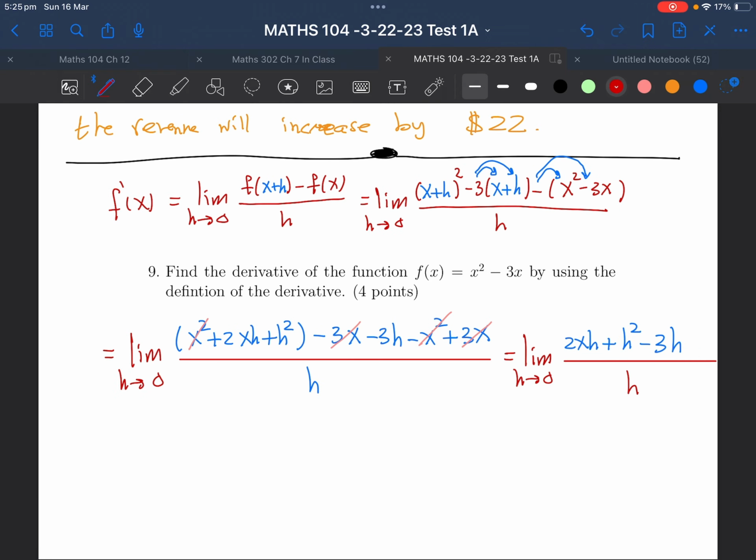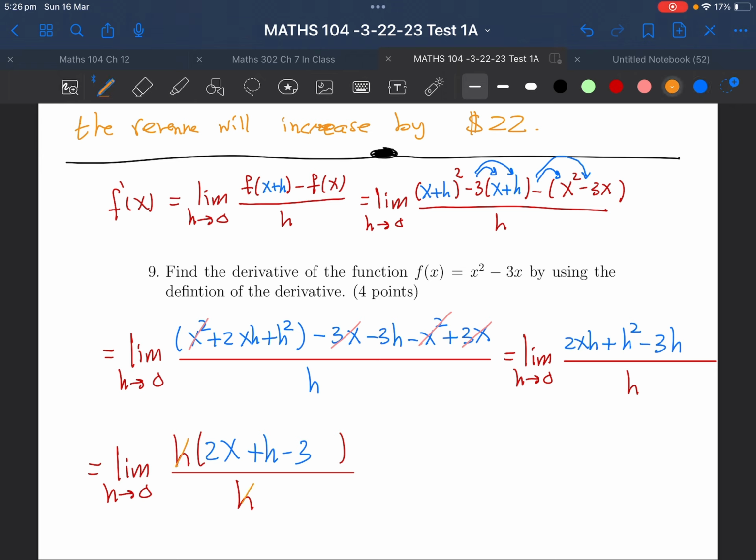The next step, take h as a common factor. And now just write the rest. So we get 2x plus h minus 3.